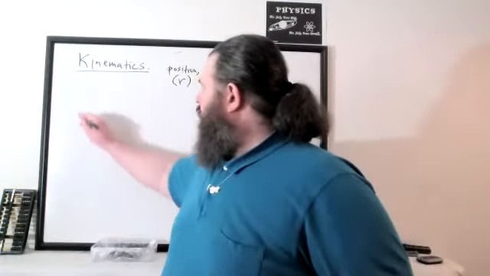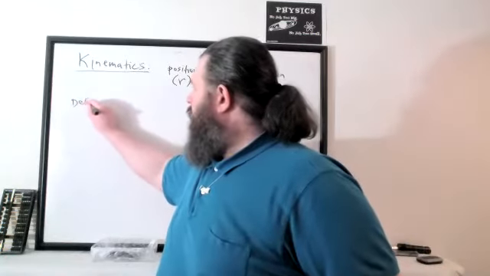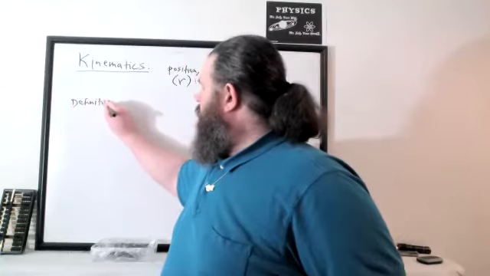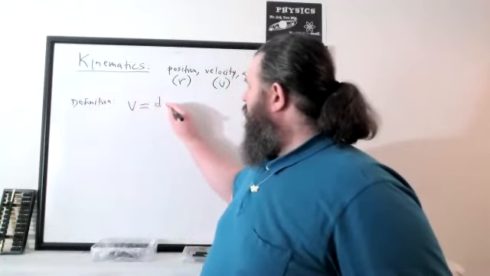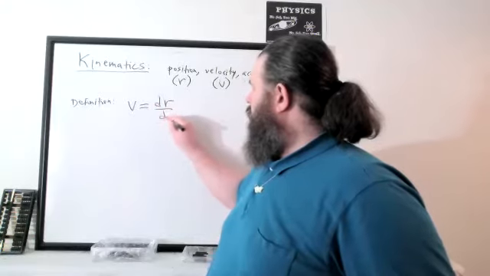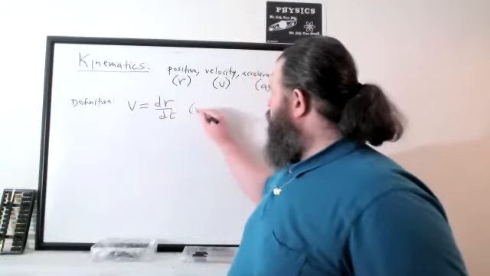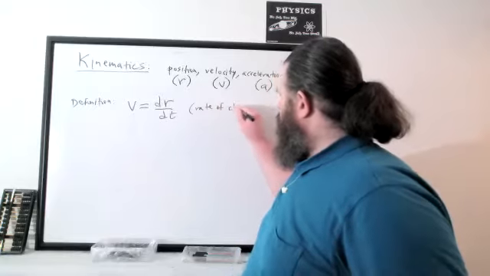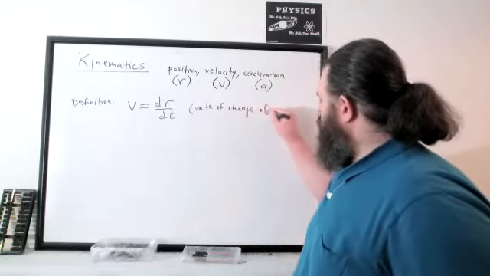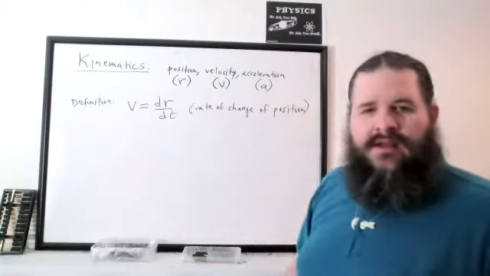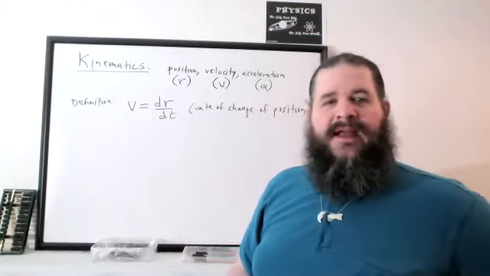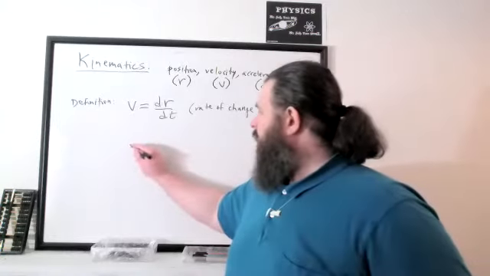So we know that by definition, velocity is the derivative of position. Velocity is how fast your position is changing as time passes. And likewise, acceleration is describing how fast the velocity is changing as time passes.